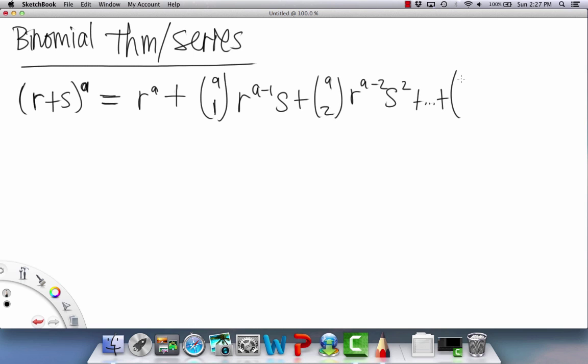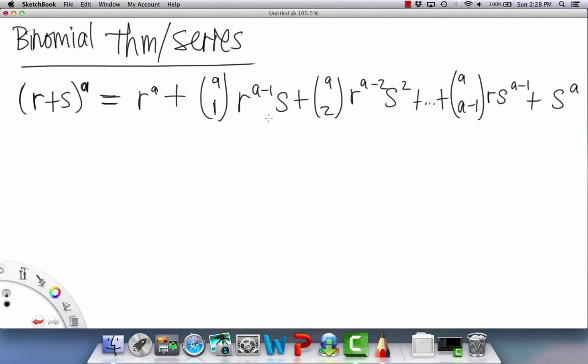I'll write the last two terms so you get the gist of it: a single r times s to the a minus 1, and our last term is going to look like s to the a.